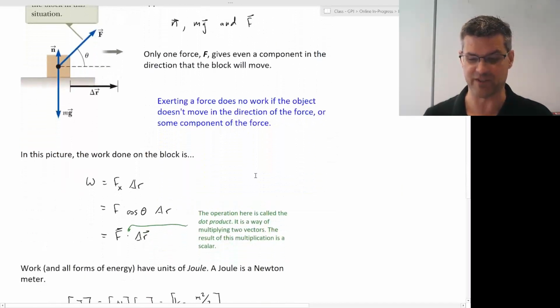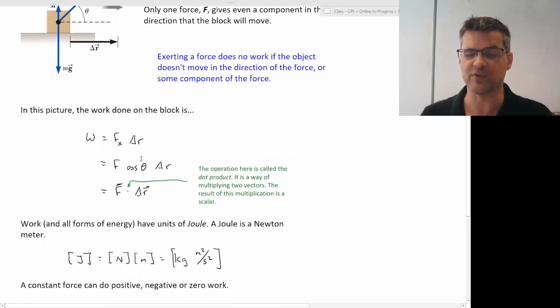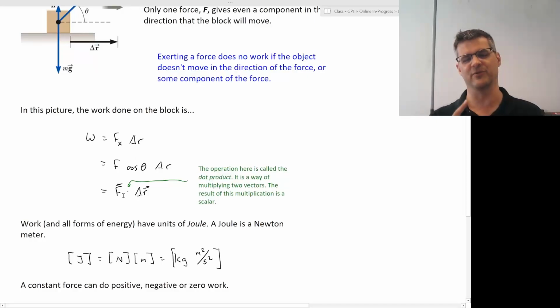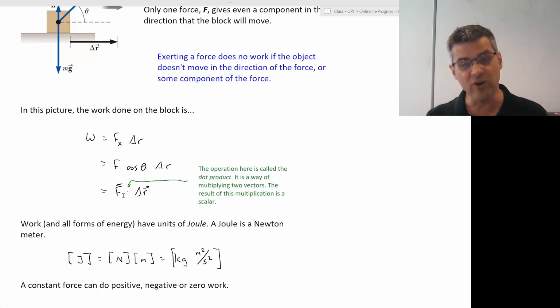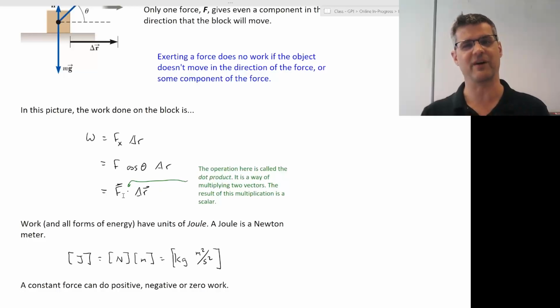So looking at this picture, what we're trying to do is look at the total net force here and dot it with the displacement vector. So sure, we have some force vector, and sure, we have some displacement vector, but the only time that we get work done is by taking the dot product of these two things.